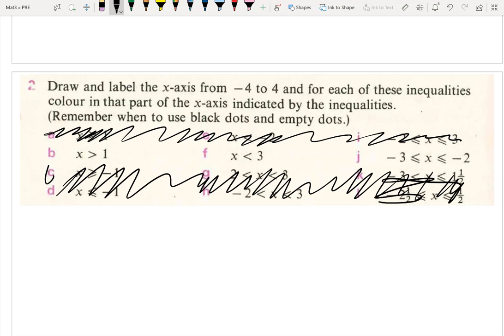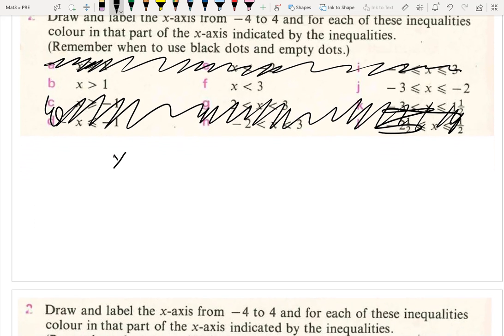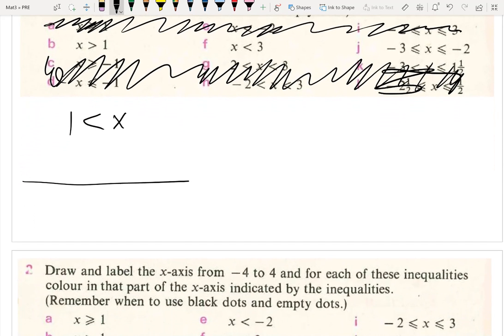Okay, next up will be B here. Again, it's facing in the wrong direction, so let's flip it over. Let's do that symbolically in algebra. Mark your 1.